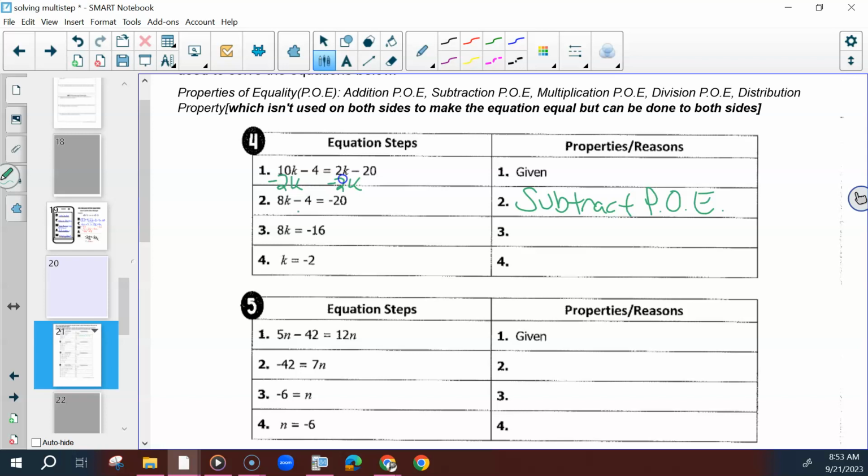So that's the addition property of equality. And then step 3 to step 4, both sides by 8. Division property of equality.